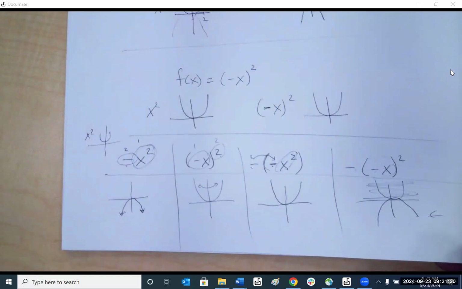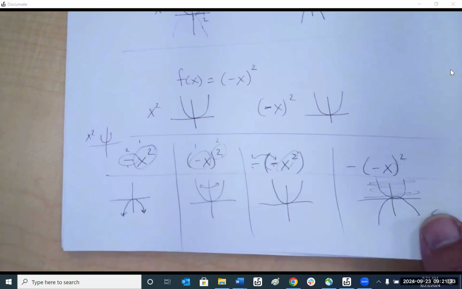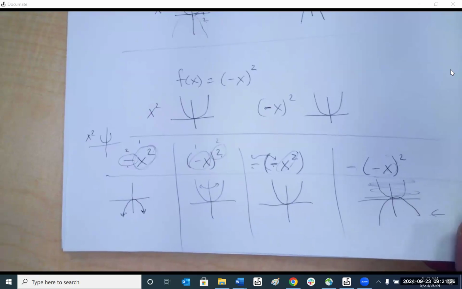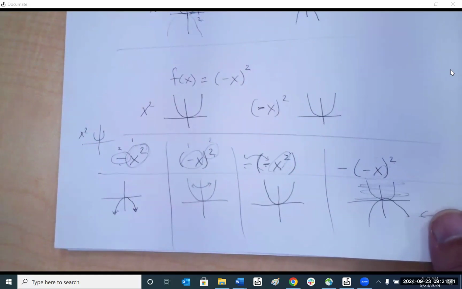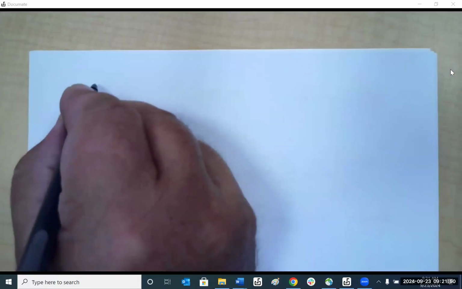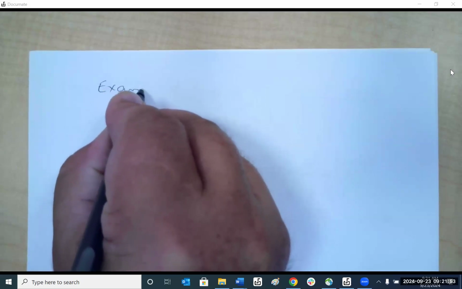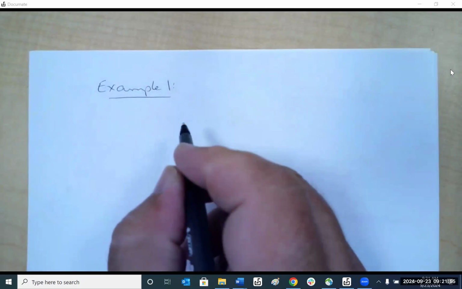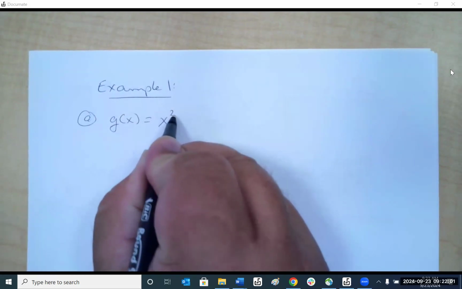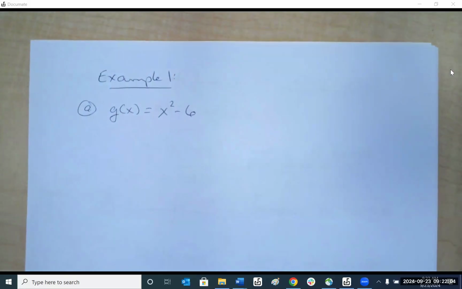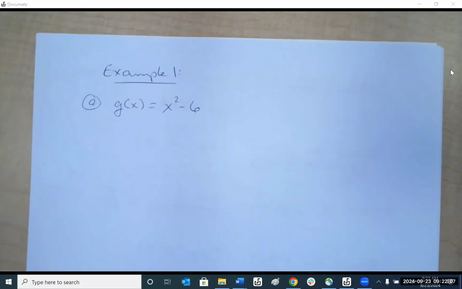And remember, whatever happens inside the function is always opposite. You ready? Actually, let's do example 1 real quick. Example 1, A. G of x equals x squared minus 6. What's that graph going to look like?